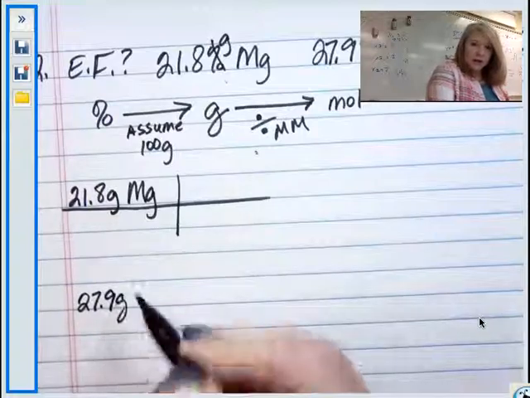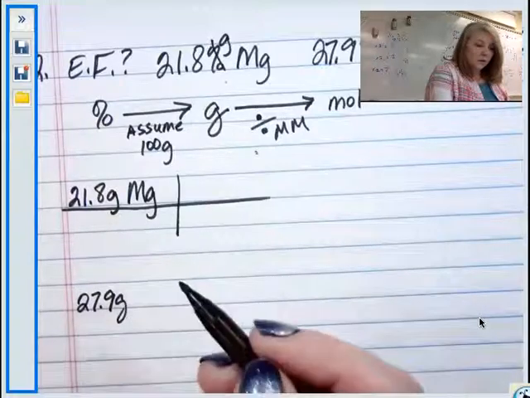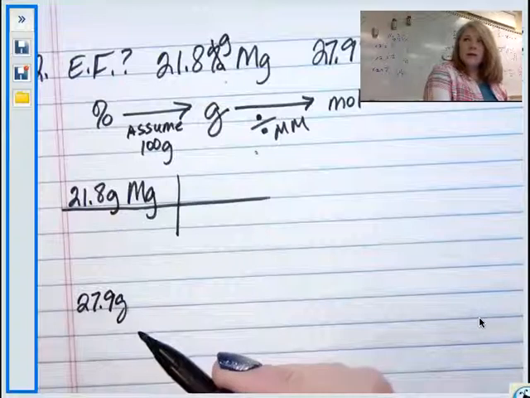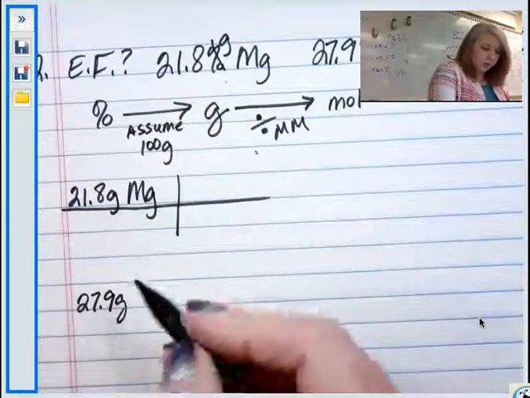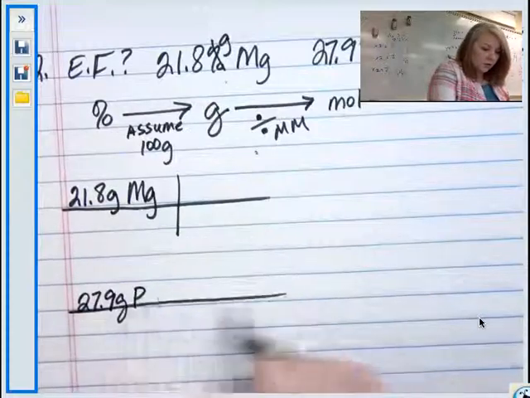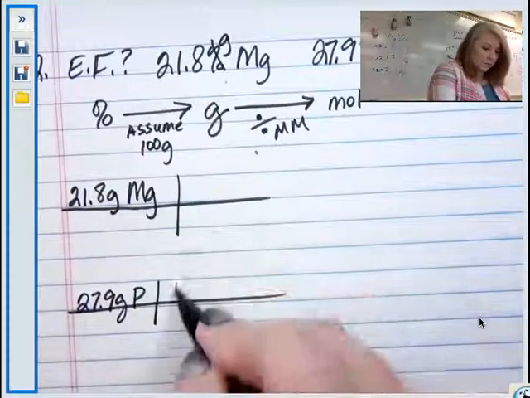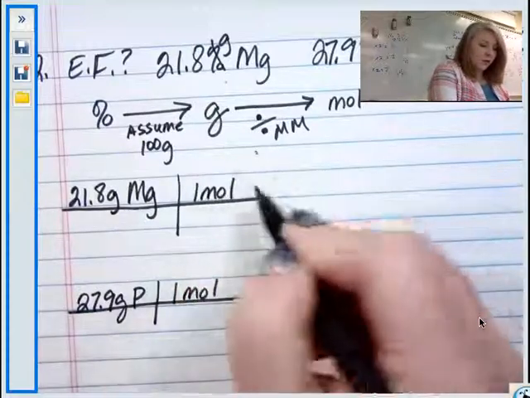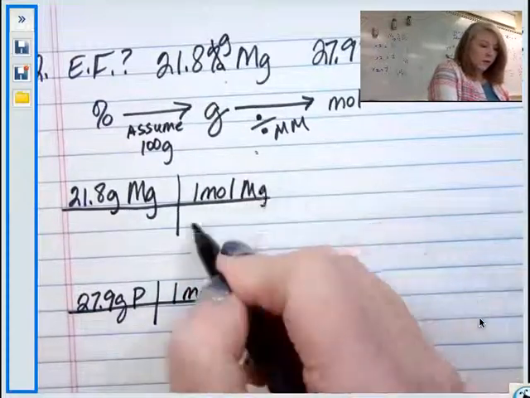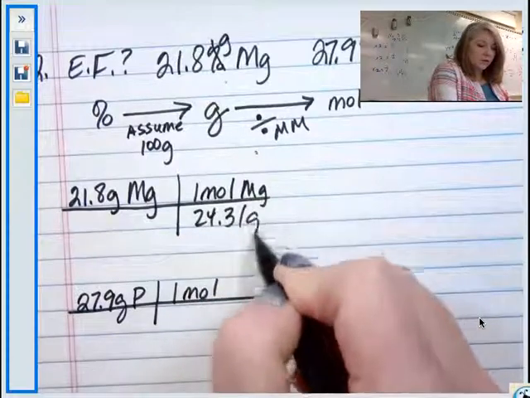All right, Hayden, you had the first one? I think you checked manganese, so look up Mg, number 12. There we go. Okay, so 1 mole of Mg weighs 24.31 grams.